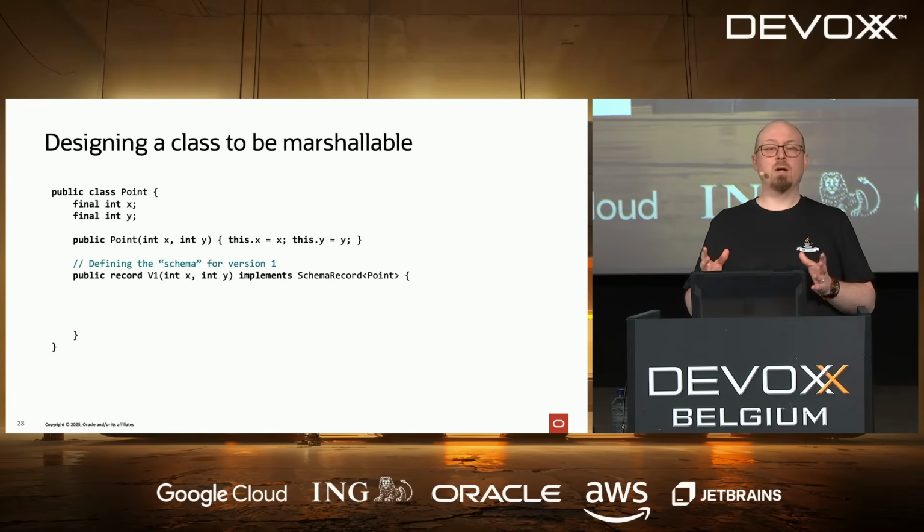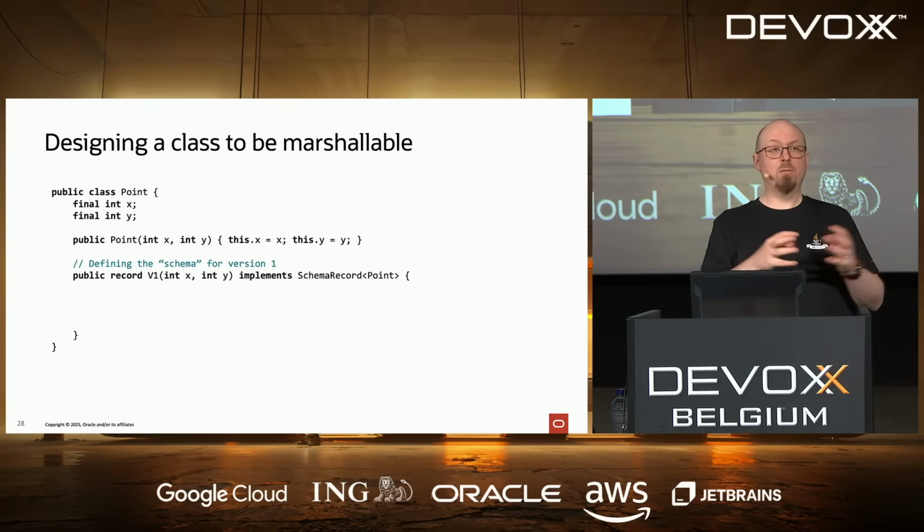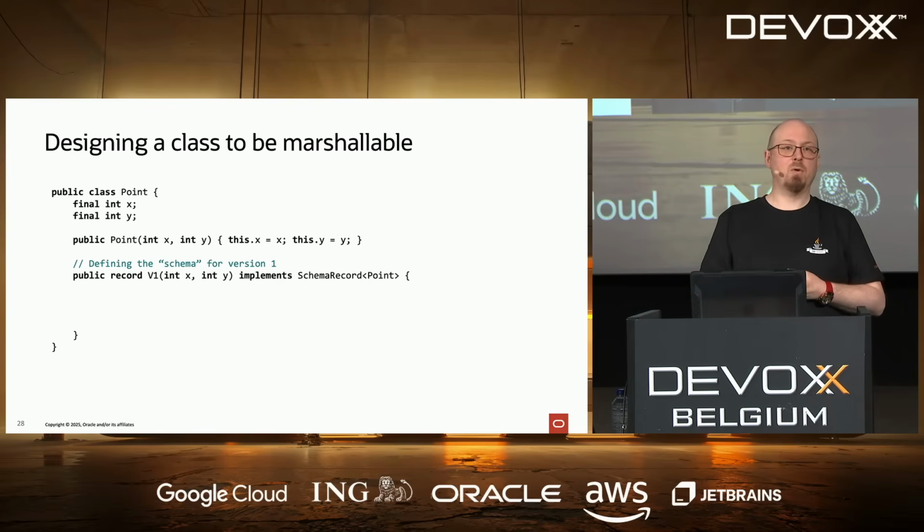So this is a schema record for point. And I can derive the schema from this record definition. That would be nice, because I don't have names for the parameters of the constructor, because those are not reified unless you compile with dash parameters, and those will be reified for the entire compilation unit. So this is now a way of saying that, okay, this is what my structure looks like for version 1.